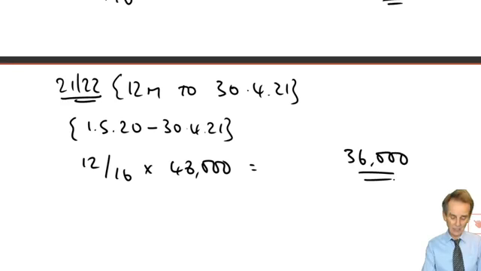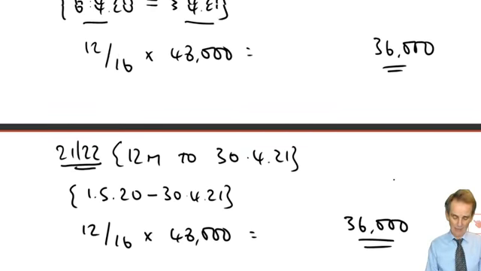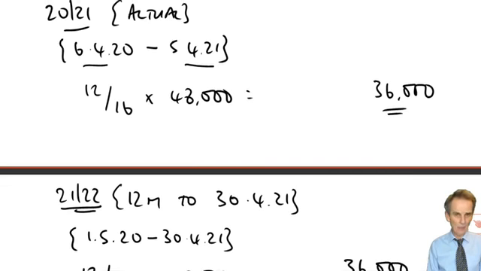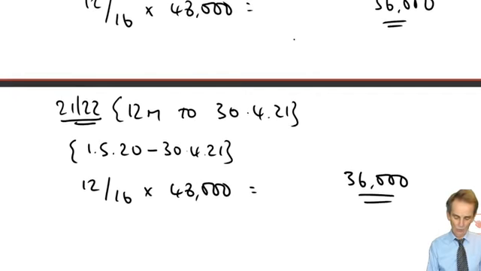Now, this time, will we have any overlaps? You bet we will. In 2021, we came as far as the 5th of April 21. All 21-22 has done with its 12 months is go to the 30th of April 21. Now that's in the nearest monthly terms.